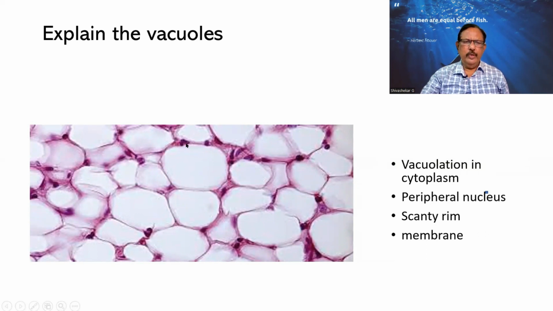This is the nucleus. There is a single nucleus, large vacuolated cytoplasm, and a single vacuole is there because many vacuoles are joined together. So I hope you people are able to identify all these components. Sheets of mature adipocytes.